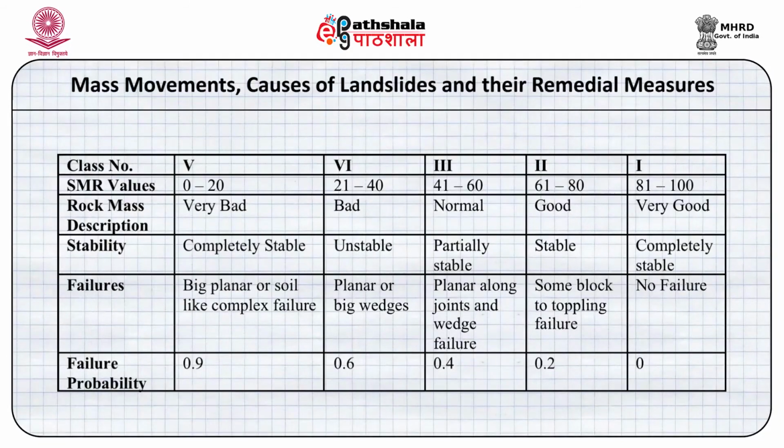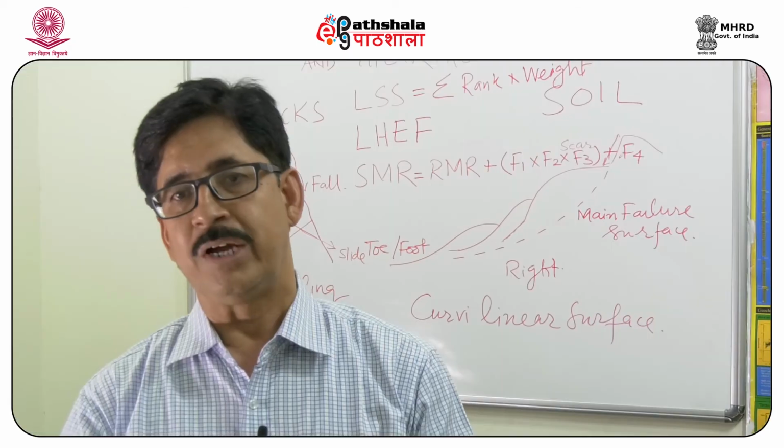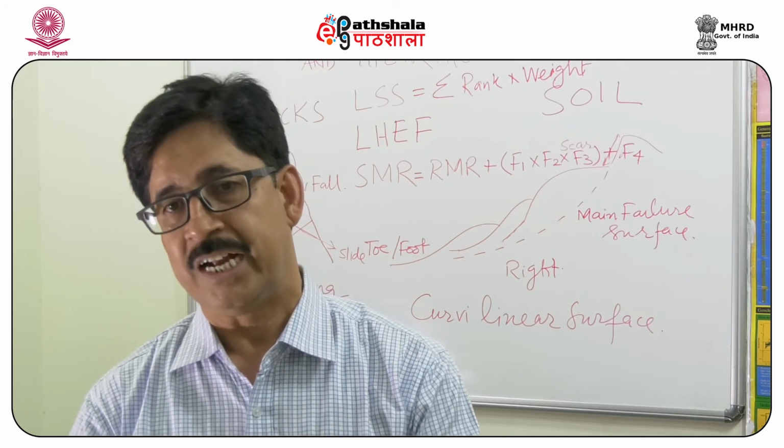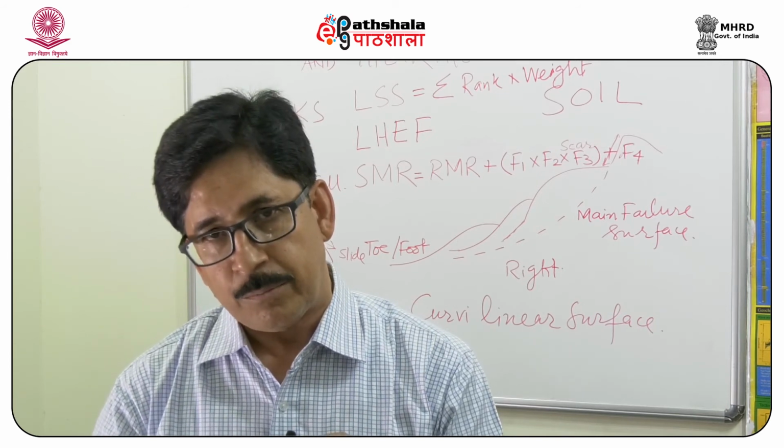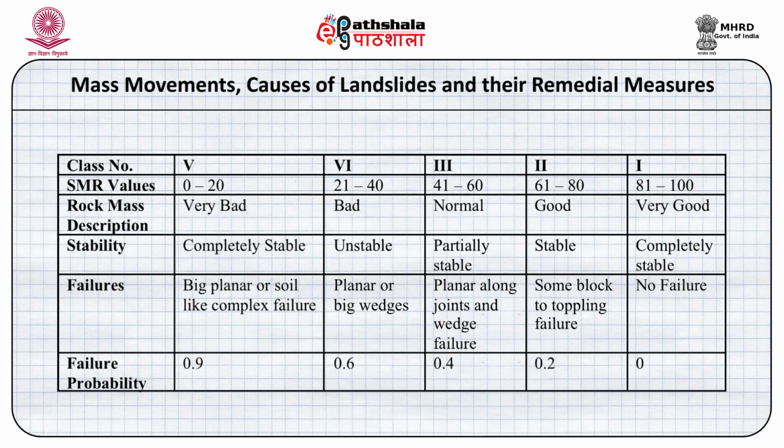If we have class 1 slope, that slope need not undergo any remedial measure because this is a very strong slope. It is not going to have landsliding more than often. It is a safe slope.